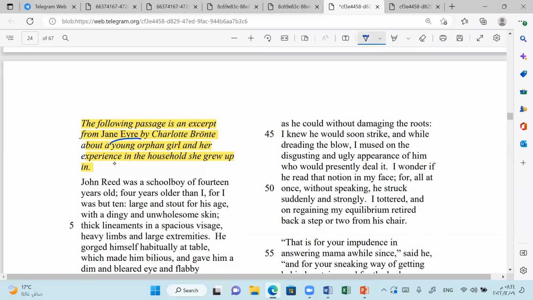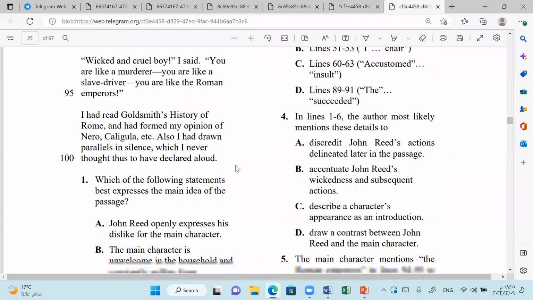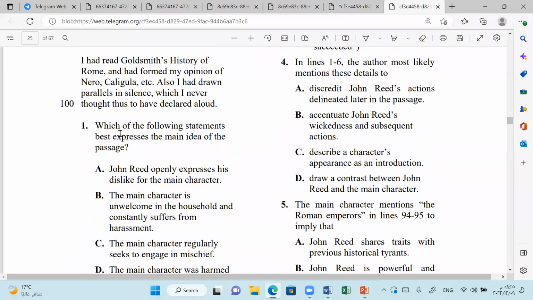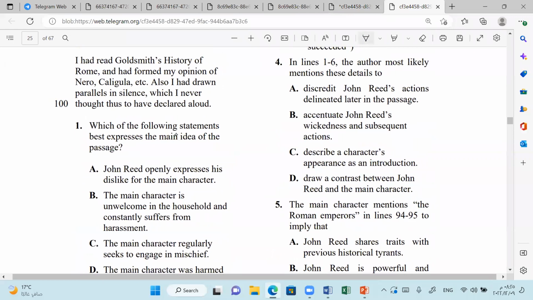A young orphan girl, so she is a girl, and her experience in the household she grew up in. Is it clear? Let's see the question. The question is telling you, which of the following statements best expresses the main idea of the passage.